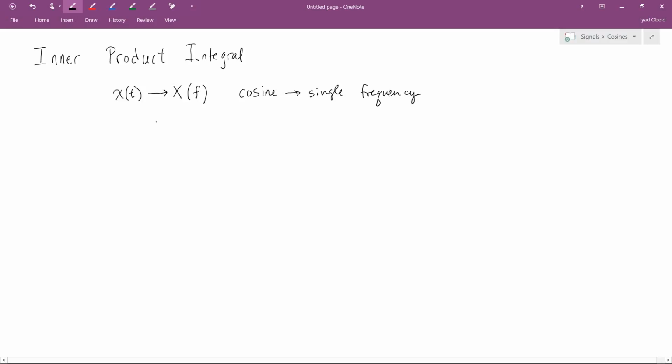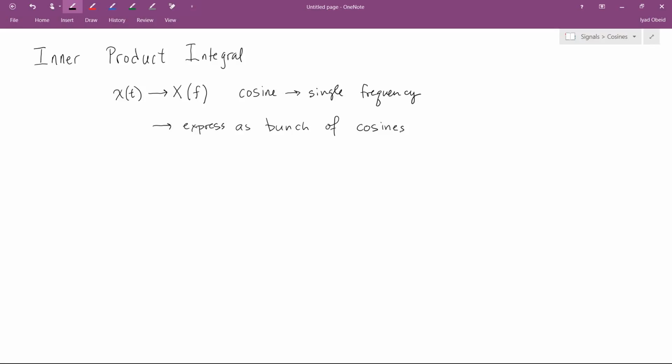Okay, so an equivalent thing is, can we take x and express it as a bunch of cosines? And if we can do that, then that's essentially the frequency representation, because each cosine is one frequency.